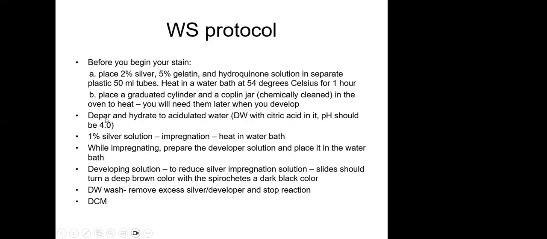Then you deparaffinize and hydrate your slide to acidulated water, okay? Where right off the bat, we are going to provide an acid environment. So this is distilled water with citric acid in it. You should have a pH of about 4, and you can check that with the pH strip.